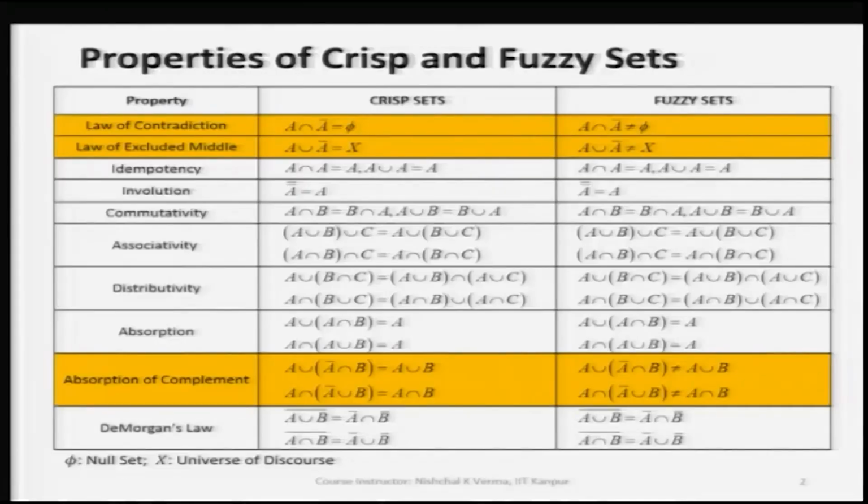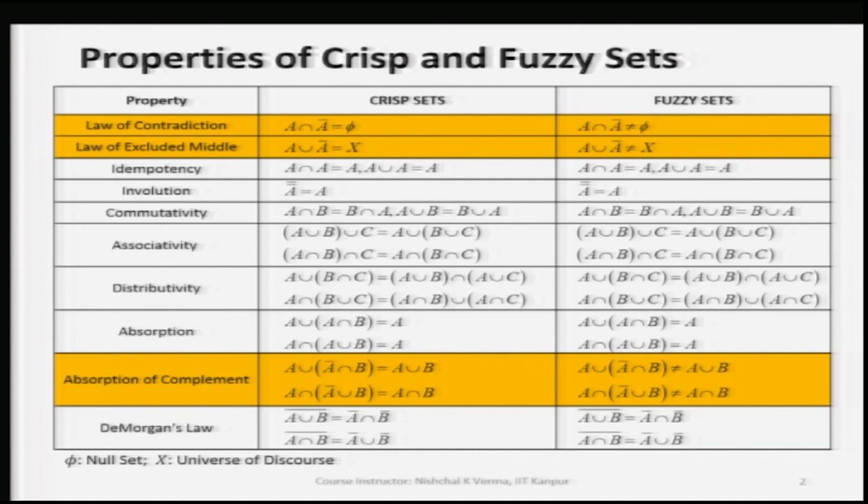So, here let us have a table of all the properties that normally the crisp and fuzzy sets follow or do not follow. Out of these properties that are listed here, we have law of contradiction, law of excluded middle and absorption of complement.